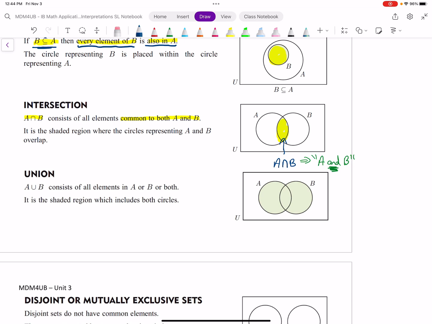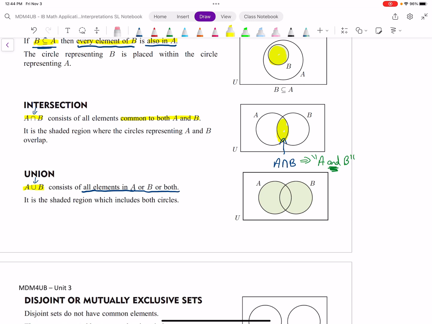The union, which is really, if I wanted to talk about anything that is contained within either of the sets A or B or both, then you get this, A union B, which is a U for union. So intersection, upside down U; union, just straight up U. These are all the elements that are in A or B or both.